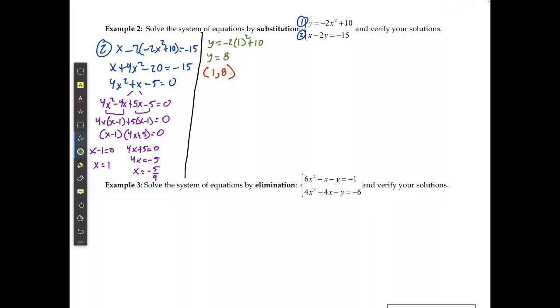The second possibility, y is equal to negative 2 times negative 5 over 4 squared plus 10. y is going to equal negative 2 times 25 over 16 plus 10, and y is going to equal negative 25 over 8. 10 I can change to plus 80 over 8, which would give me 55 over 8, and I can't actually reduce that fraction.